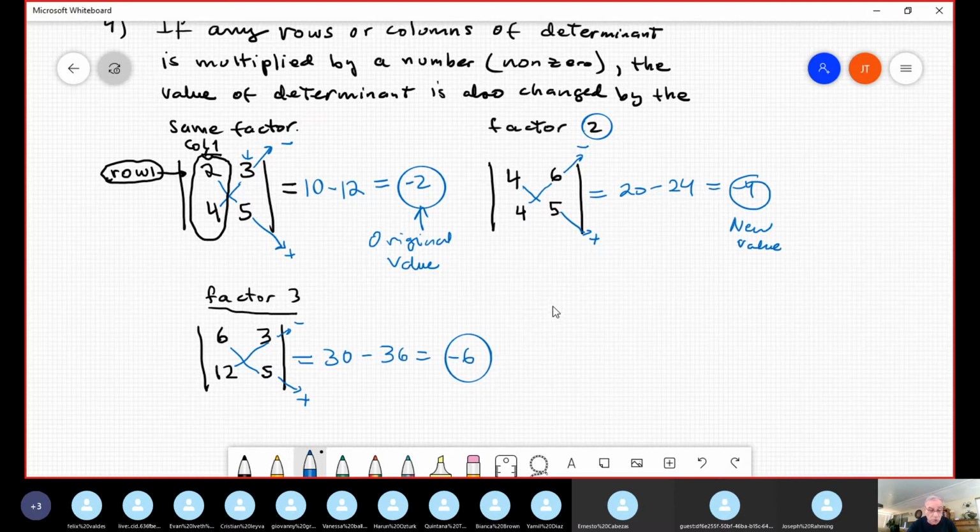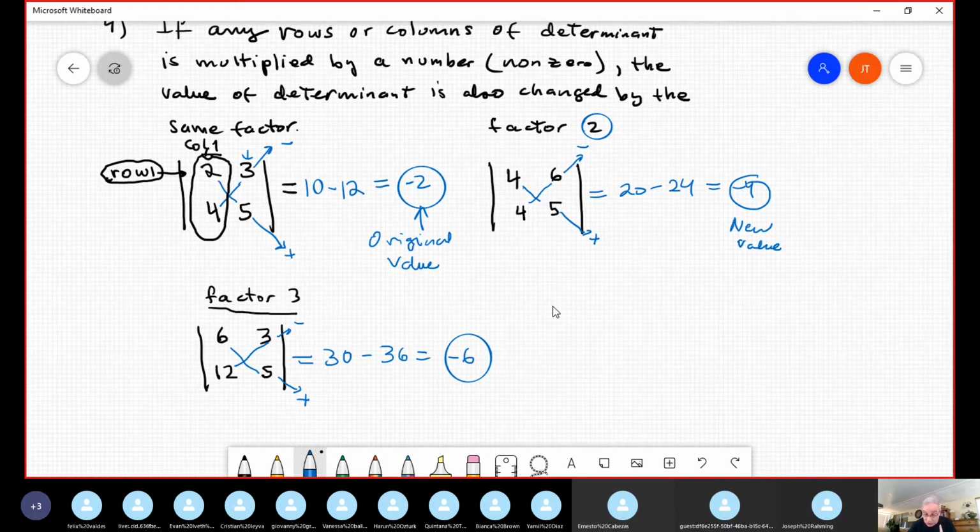Conclusion: if you multiply one row of a determinant, I don't care, 2 by 2, 3 by 3, 80 by 80, any dimension, multiply one row, arbitrary, 1, 2, 3, 4, 5, by one factor, the entire determinant is multiplied by the same factor.